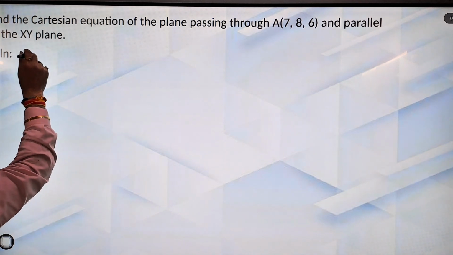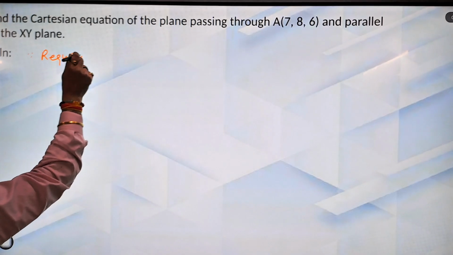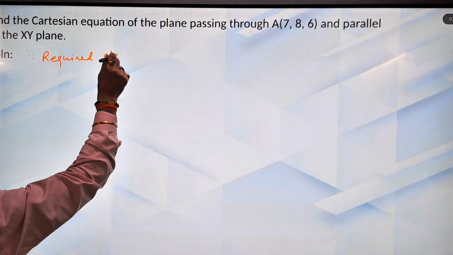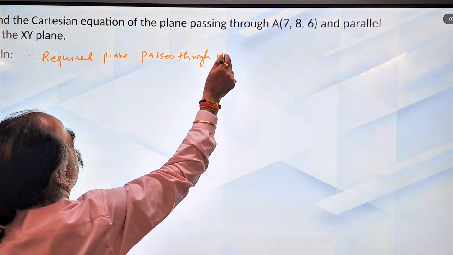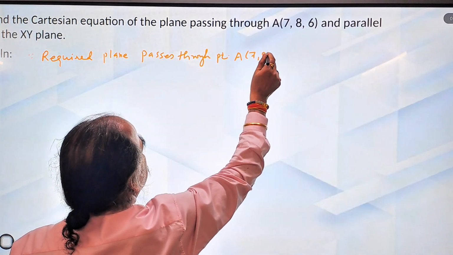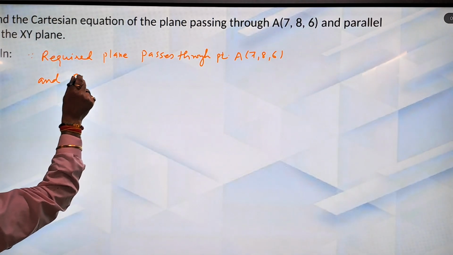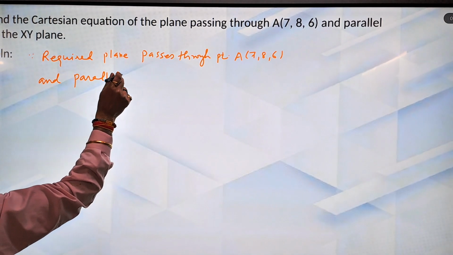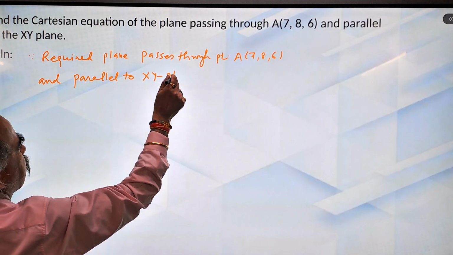Since required plane passes through point A(7, 8, 6) and parallel to xy plane.